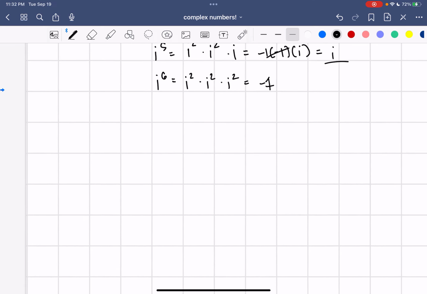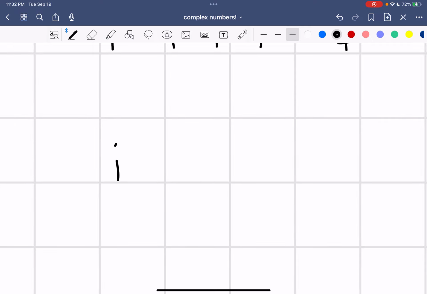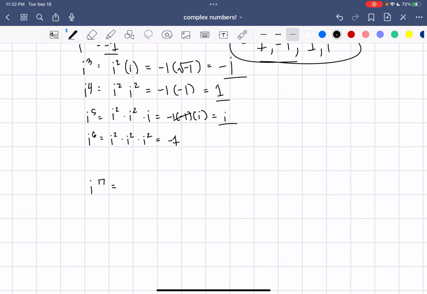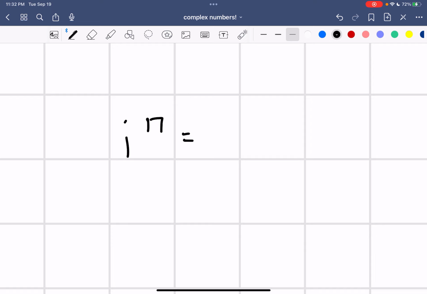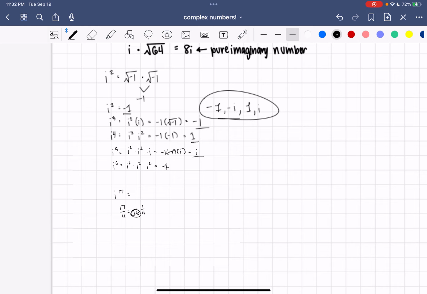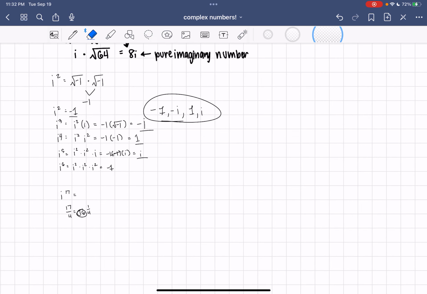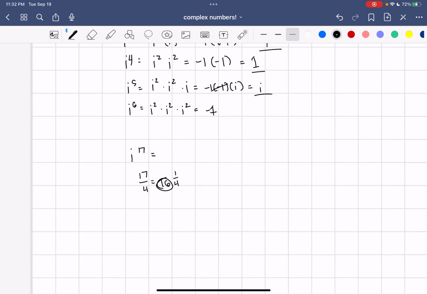So now let's solve I to the power of 17. Since 17 divided by 4 gives us 4 with a remainder of 1, the cycle repeats 4 times, because 16 divided by 4 is 4.